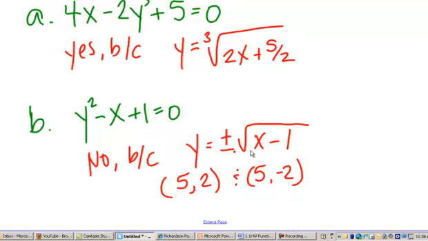Okay? Just like the square root of 9 is positive 3 and negative 3. There's 2 answers. So this is not a function because positive 5 for x gives you 2 answers. Positive 2 and negative 2.